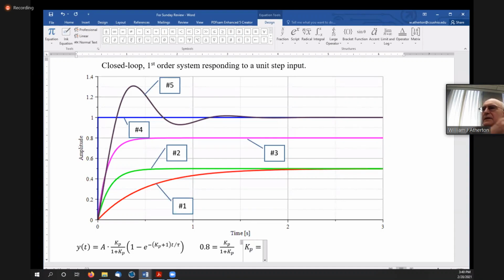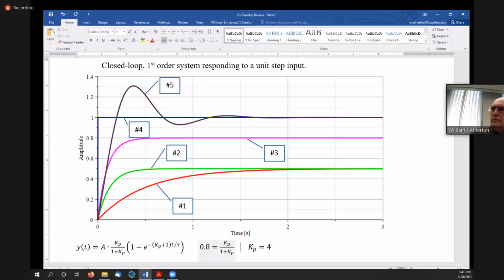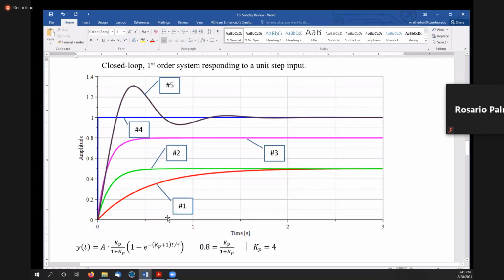KP looks like it's going to be, 0.8 plus 0.8 KP is equal to KP. Subtract 0.8. 0.8 is equal to 0.2 KP. 8 over 2, which is 4. KP is going to be equal to 4. Okay, does everybody follow that? Yep. All right, so let me see, what else can we say about this?